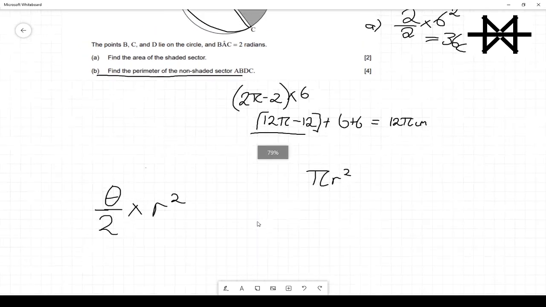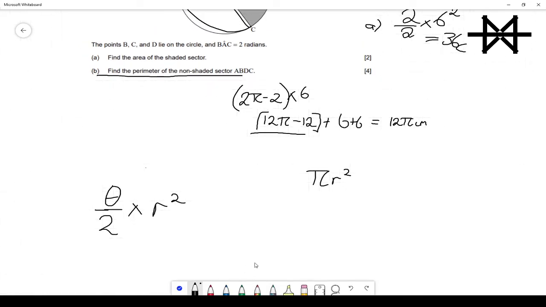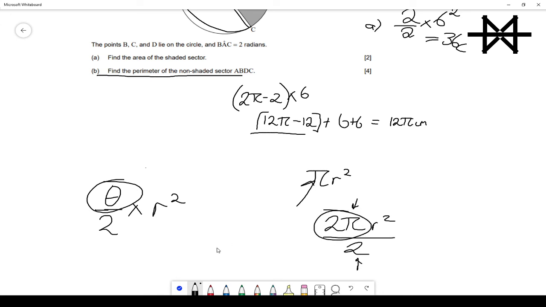Now, if you think about a sector, it's really a segment of the area of the circle. So what you do is you take this angle here, which is in radians, and basically substitute it in. This is effectively like saying, if we did this all expanded out, if I wanted to find the area of a sector that was an entire circle, I'd be working with 2 pi radians divided by 2, because theta for a complete circle is 2 pi.